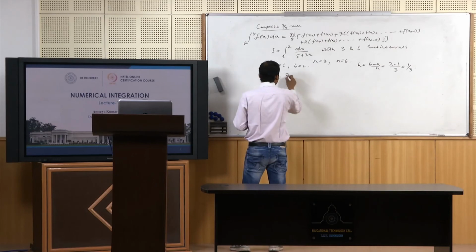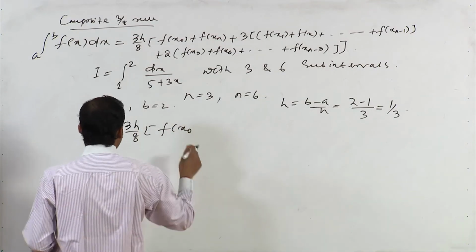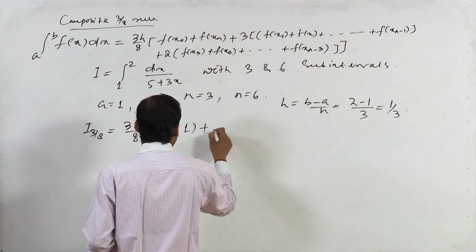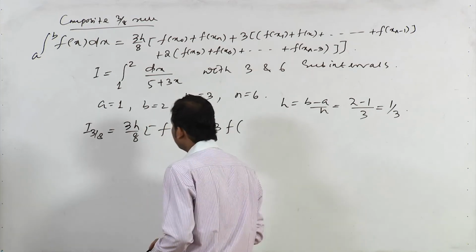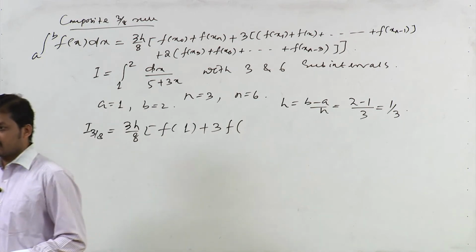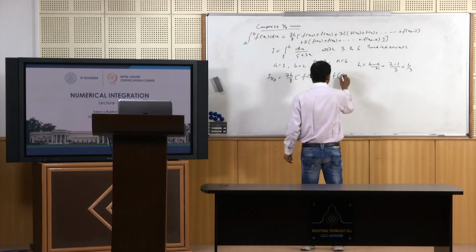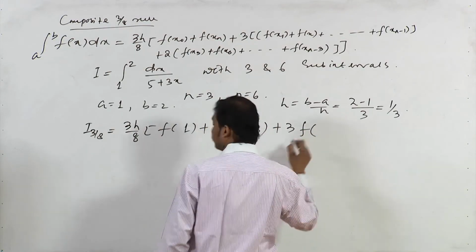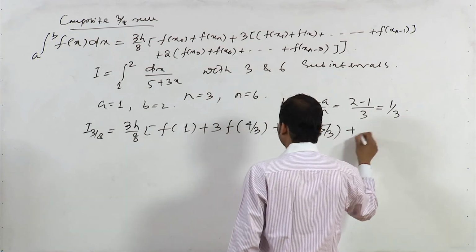So, 3h by 8 times f of x0, that is f of 1 here, plus 3 f of x1, where x1 can be considered as 1 plus 0.3, so 4 by 3, plus 3 f of 5 by 3, plus f of 2.